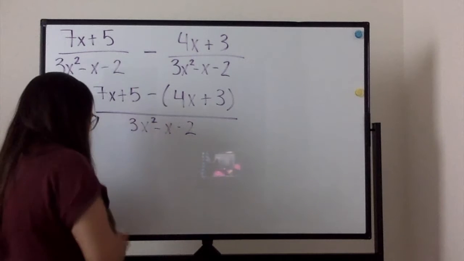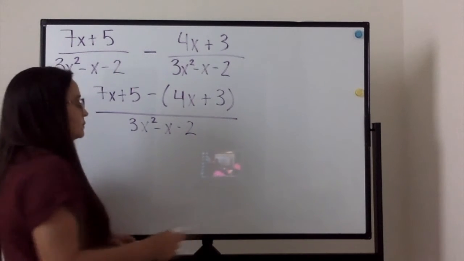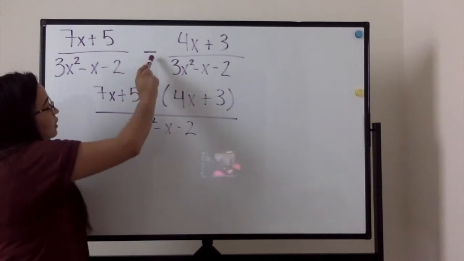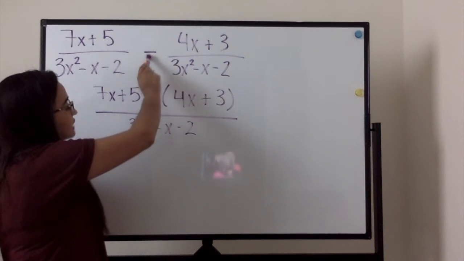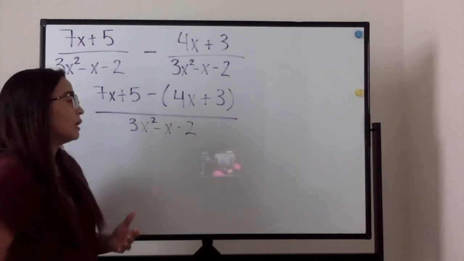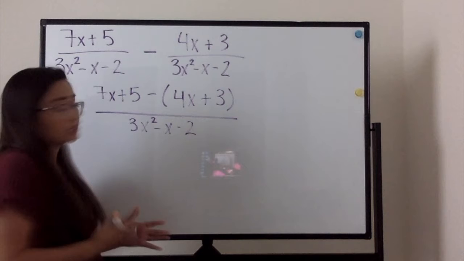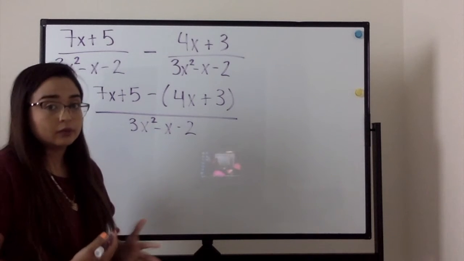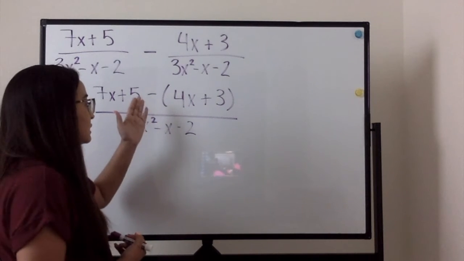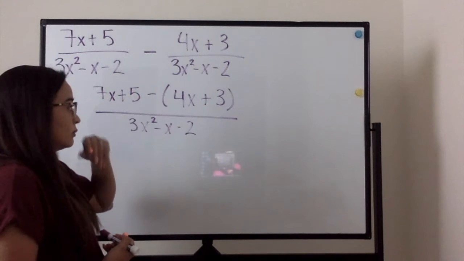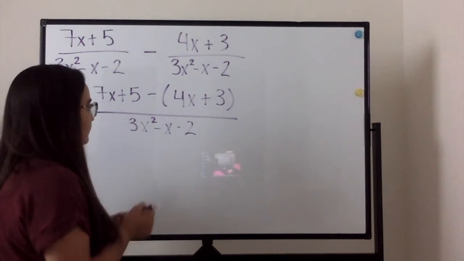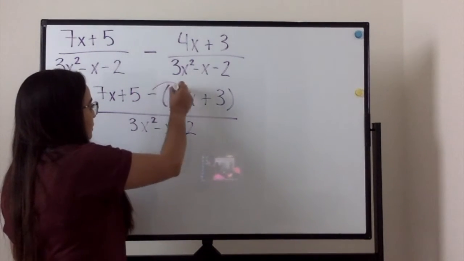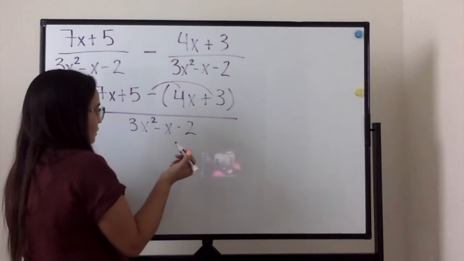Okay? We're going to write it out like that, and let me explain why. We're going to be distributing this negative sign into this equation. Why? Because that's what we are actually doing. We are changing the sign because we are subtracting it. We're not adding it. Okay, so we're going to distribute our negative to these two.